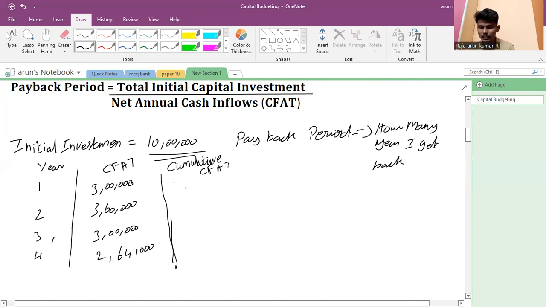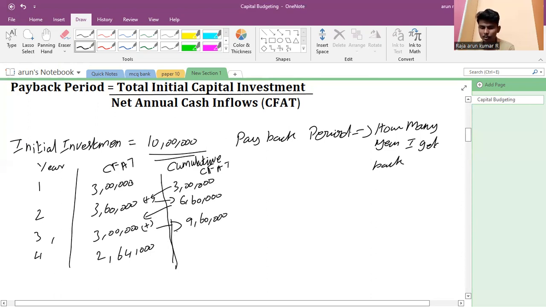First year we get 3 lakh. Second year we add the 3,60,000 and get 6,60,000. Cumulative means this only. Then again we add the 3 lakh and get cumulative cash flow after taxes of 9,60,000.